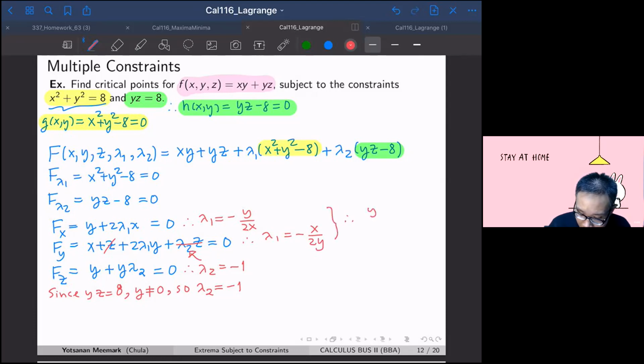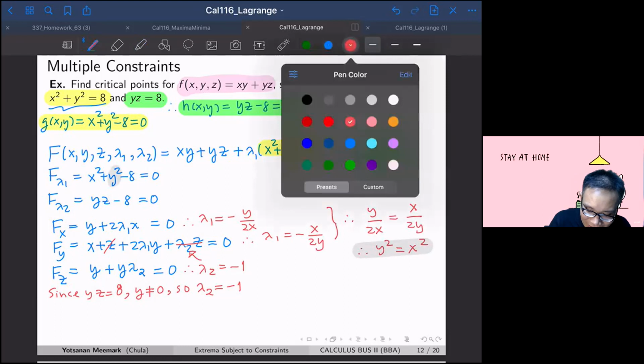negative y over 2x equal to negative x over 2y. This allows you to have y squared equal to x squared, and this is great because you're going to plug this into this equation. So you see that it's going to be a little bit messy.